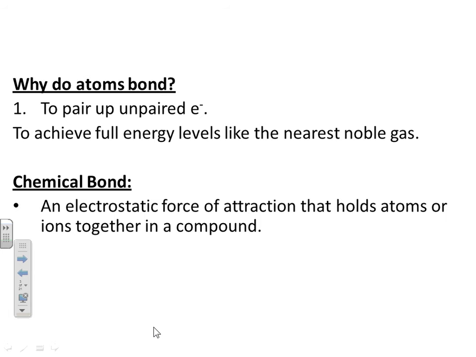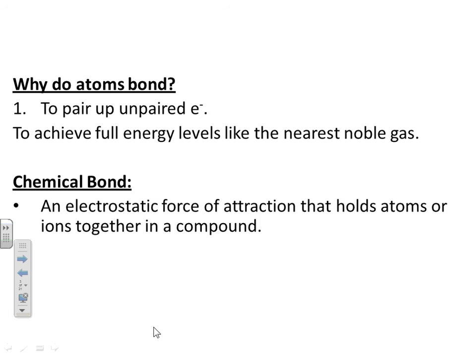Most chemical compounds want to pair up unpaired electrons. We've seen that, I've made some changes, right? If you've printed them off, you'll be okay. I didn't like the order. I teach it in a slightly different order, but all the same information is there. So why do atoms bond?